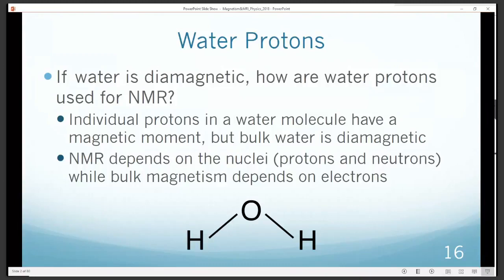Now, I said before water was diamagnetic. So how do water protons produce NMR? The diamagnetic properties of water are due to their electron magnetic moments, not their nuclear magnetic moments. NMR depends on the nuclei, while the bulk magnetism depends on the electrons.